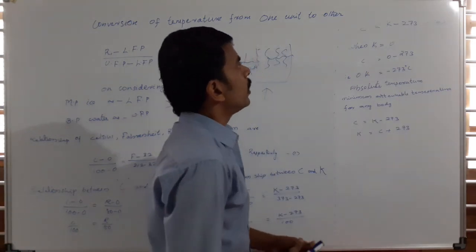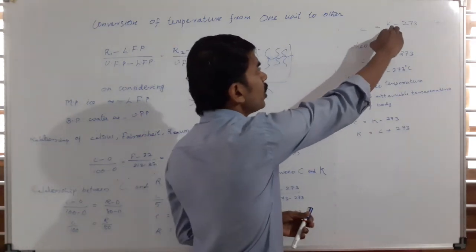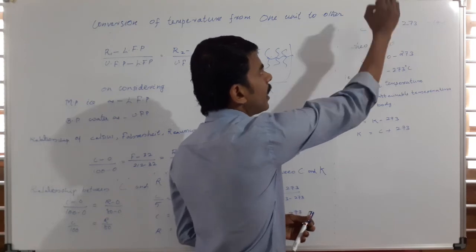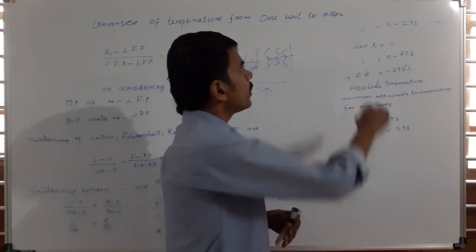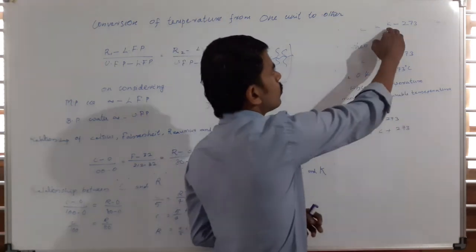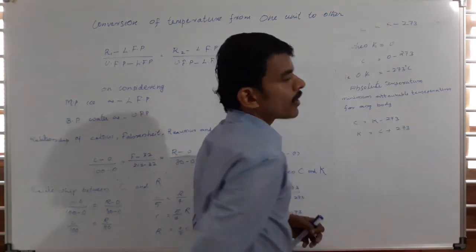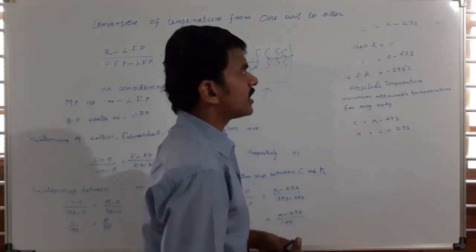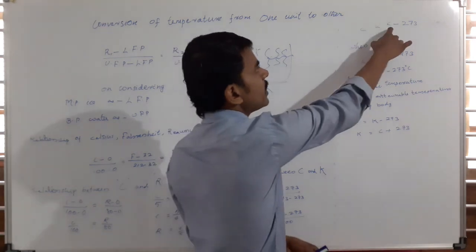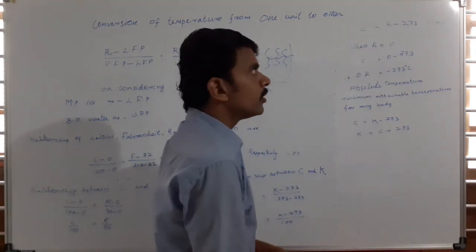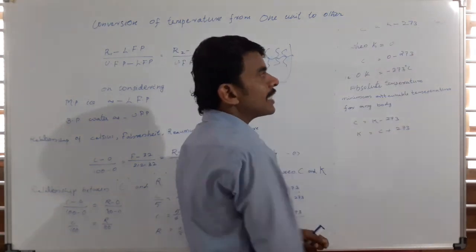So for example, if 300 Kelvin is given, now you are asked to find Celsius. So 300 minus 273. What is 300 minus 273? It is nothing but 27 degree Celsius. So 27 degree Celsius will be equal to 300 Kelvin.